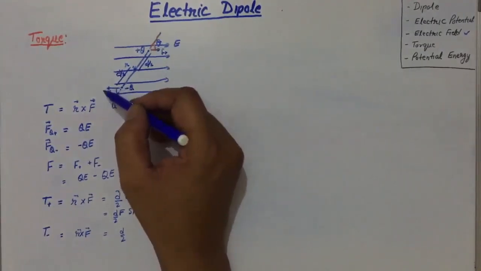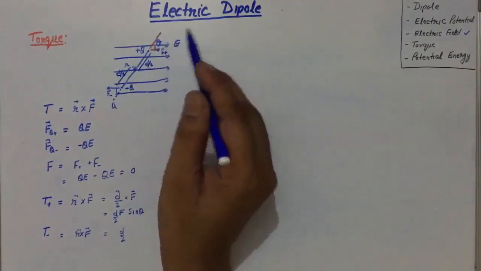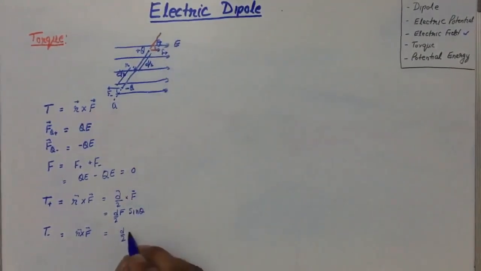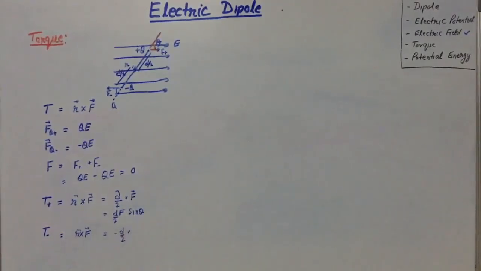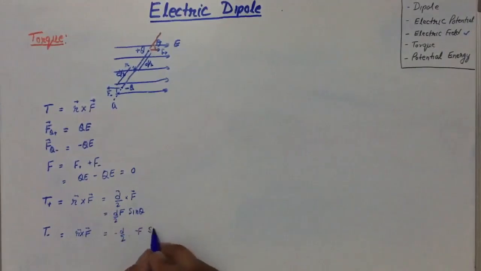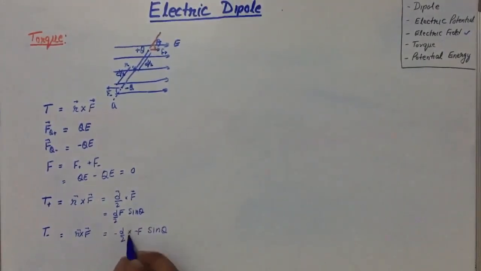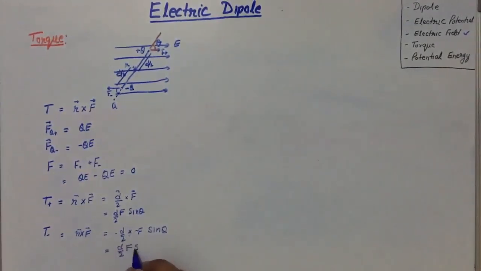F is also negative here, because we have considered F in this direction as positive. So it can be written as minus R cross minus F, and due to this it will be sine theta. So it will give us d by 2 F sine theta.